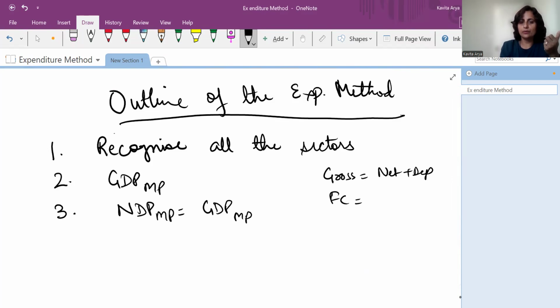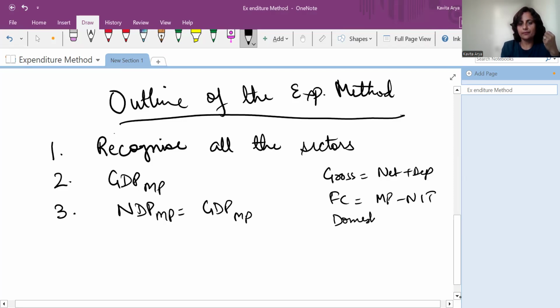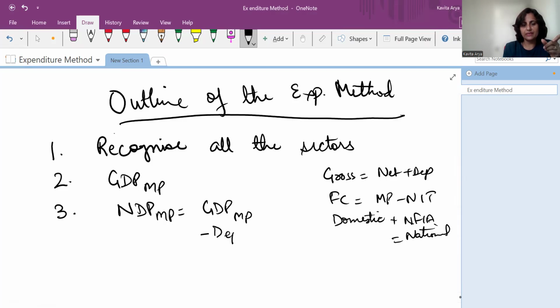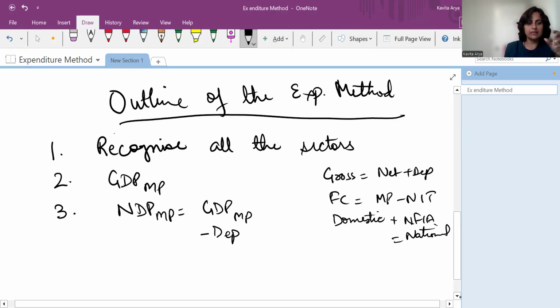Factor cost is equal to market price minus NIT, and domestic add NFIA gives you national. Right. So if G is to be converted into N, simply subtract depreciation. So I have got the domestic income in this step.